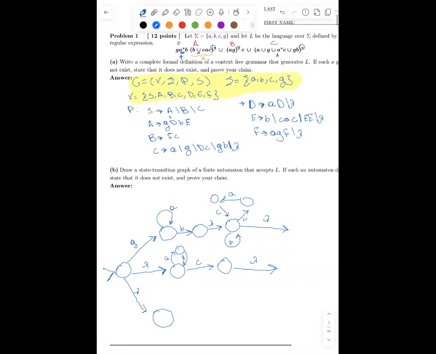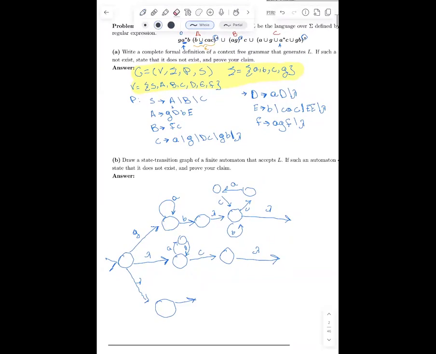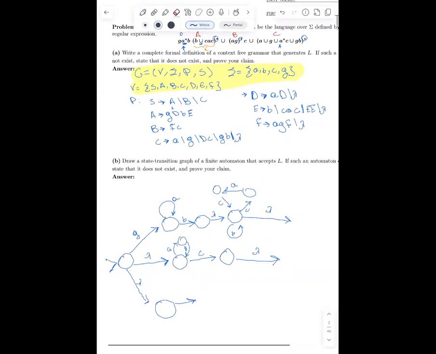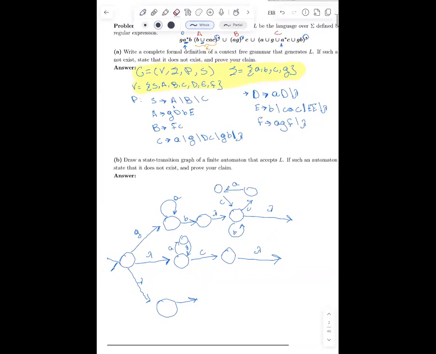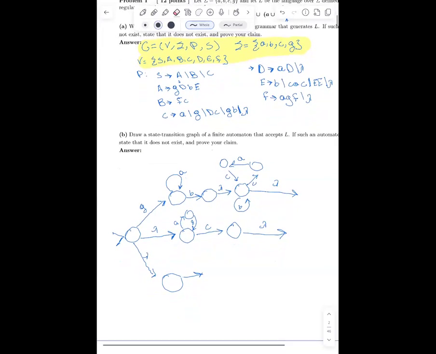And then for a C, I have A or G or A C or G B. So I can either have, wait, I can either have, where did I get stuck? One second.